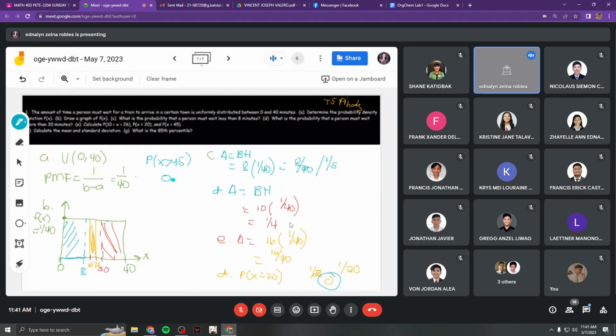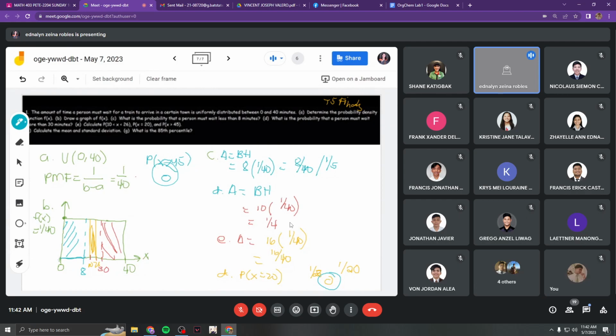Okay. Any answers pa? Try lang ng try. So, wala na? The answer, if we want to get the probability if x is greater than 45, is 0.